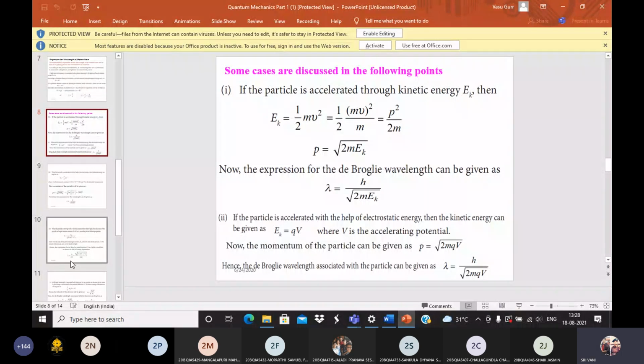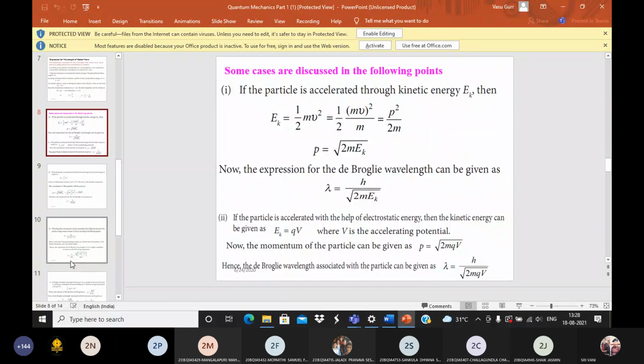For all these de Broglie model problems, they can give velocity, kinetic energy, or another model, potential or temperature. The remaining are all constant values, h and m. For this model, they have given kinetic energy, and the formula suitable for this present model is lambda is equal to h by root of 2m Ek.